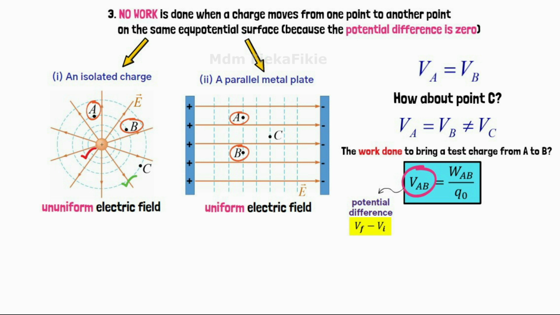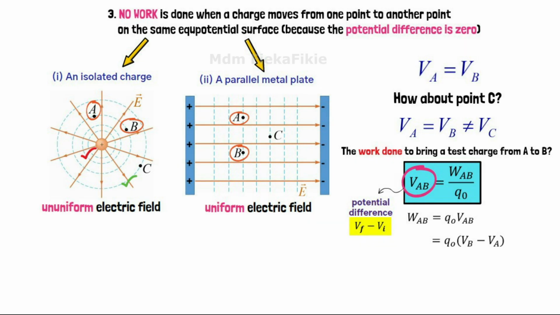So, when we want to calculate the work done to bring a test charge from point A to point B, WAB is equal to Q0 times (VB minus VA). Remember, we said VB and VA are the same because point A and point B are on the same equipotential line.